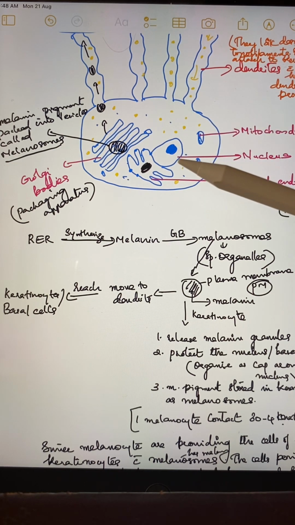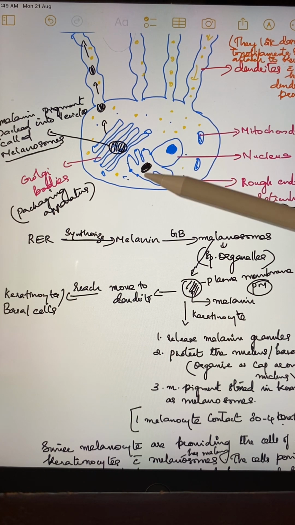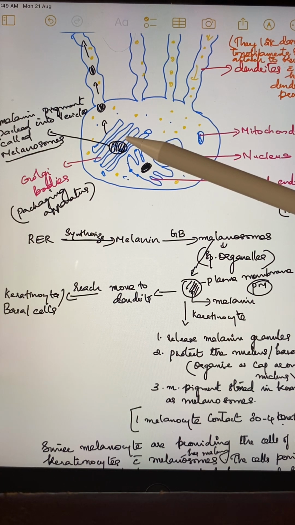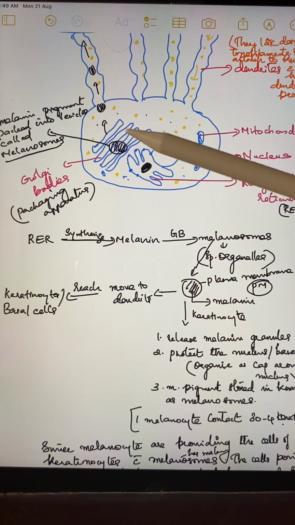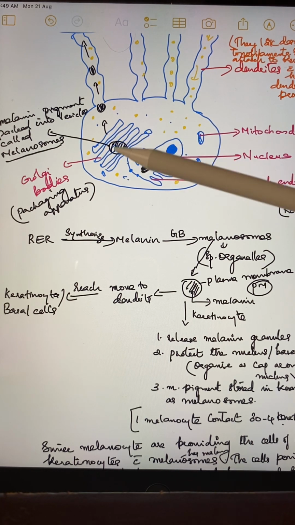Then what is happening is that the rough endoplasmic reticulum synthesizes melanin. This is the melanin. In the Golgi bodies, this melanin pigment is packed into vesicles. This is a vesicle, known as the melanosome. It has a plasma membrane outside, and inside you can see the melanin.